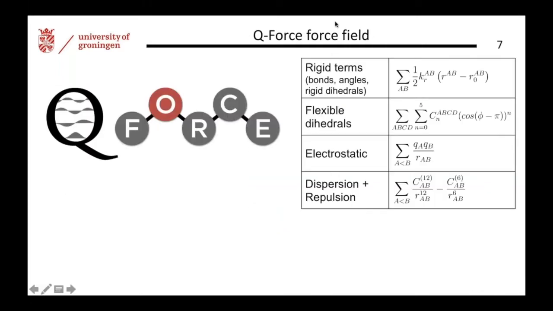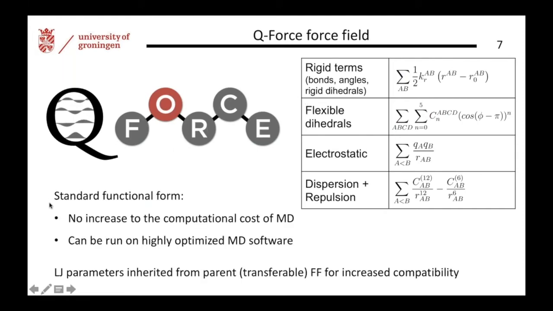And with this, I move to the QForce force field. And for the previously mentioned reasons, that is, we have chosen to use a standard functional form. So you can see that for rigid terms, these are bonds, angles, and rigid dihedrals, we use a simple harmonic potential. For flexible dihedrals, we have a periodic potential.